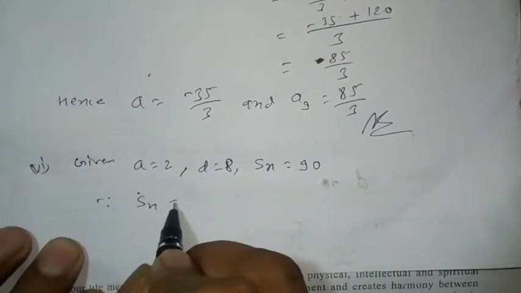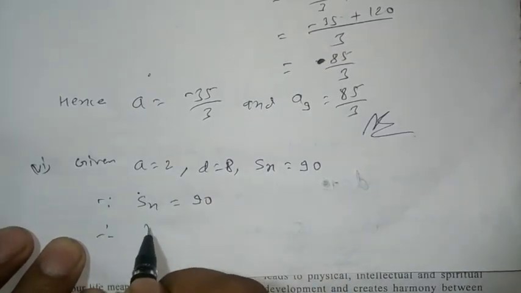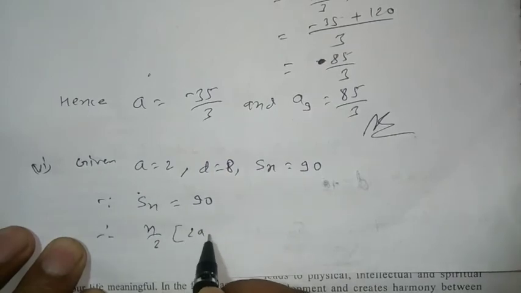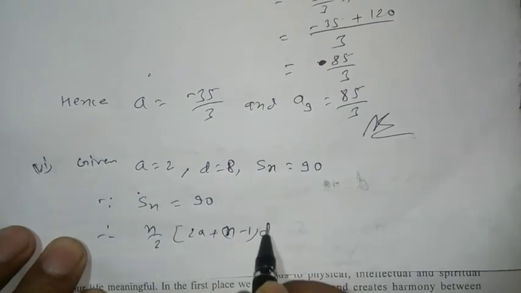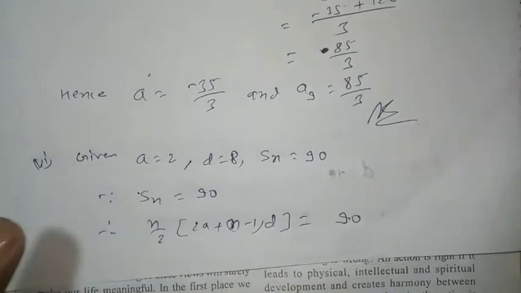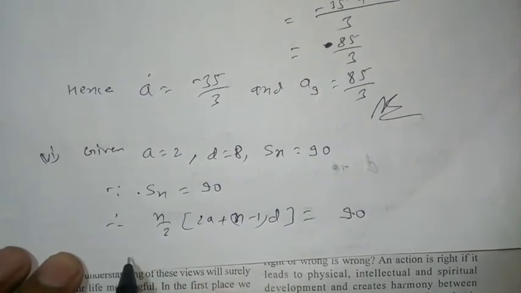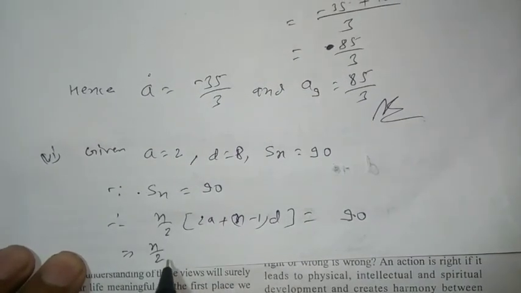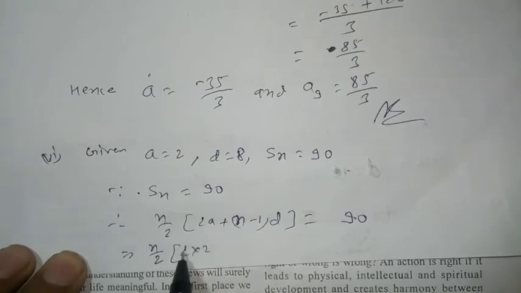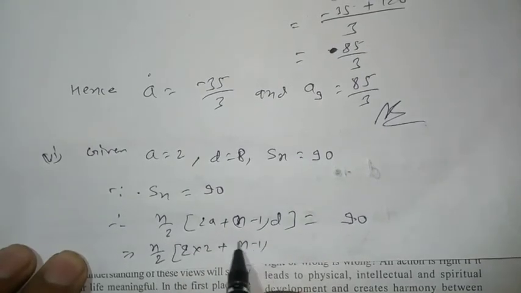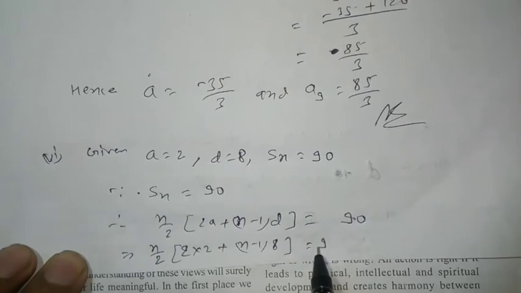Because Sn is equal to 90, therefore n by 2 into 2a plus n minus 1 into d is equal to 90. Implies n by 2 into 2 plus n minus 1 into 8 is equal to 90.